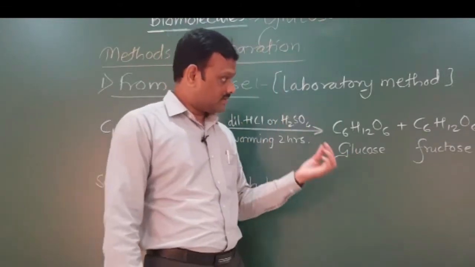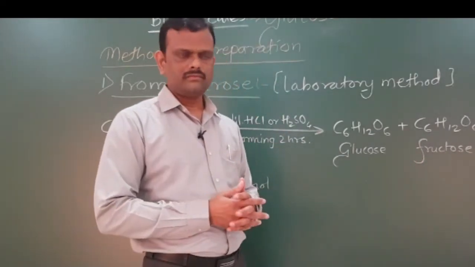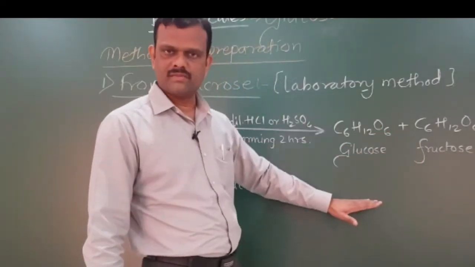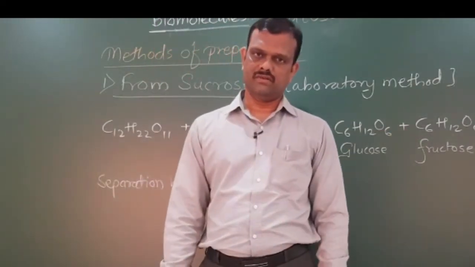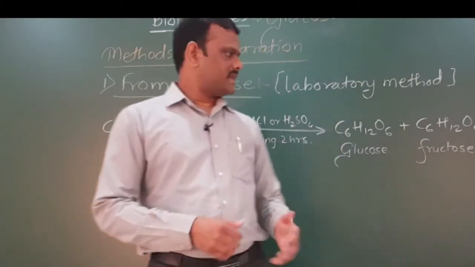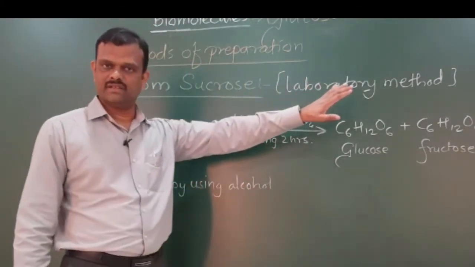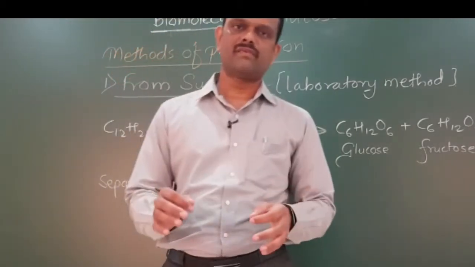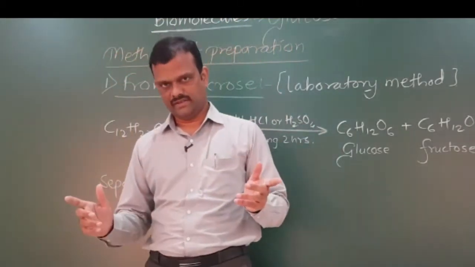Therefore, just filter the solution. You will get the glucose in precipitated or solid form and fructose gets dissolved in alcohol. By this way you can prepare glucose by the laboratory method. This is the first method of preparation of glucose in laboratories.